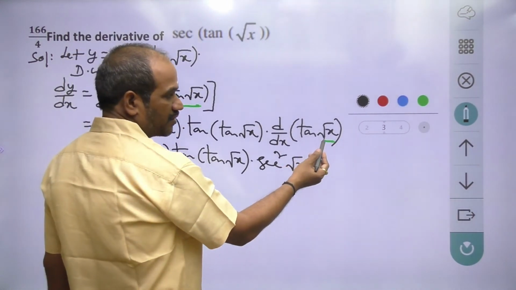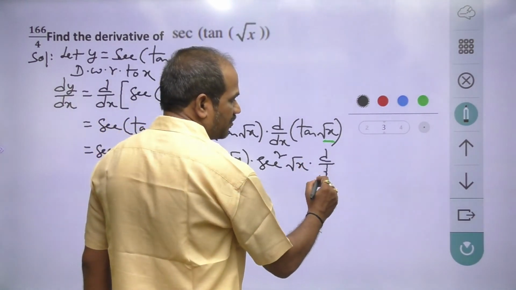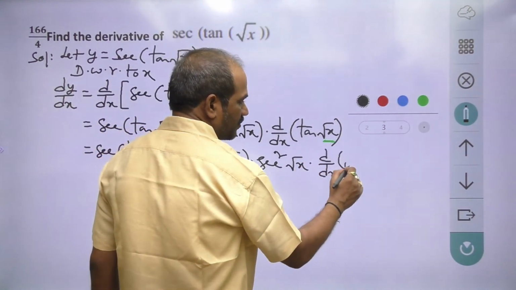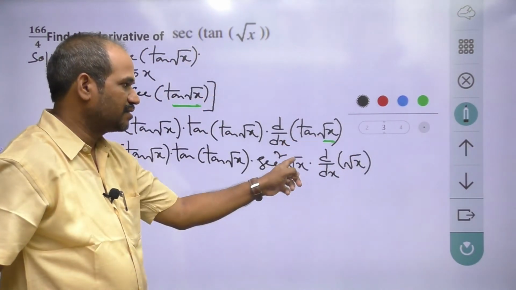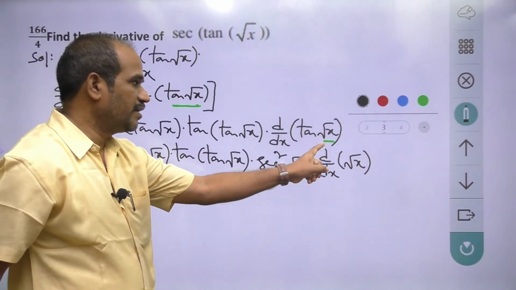This is also another function, so differentiate it: d by dx of tan of root x is secant square of root x into d by dx of root x.